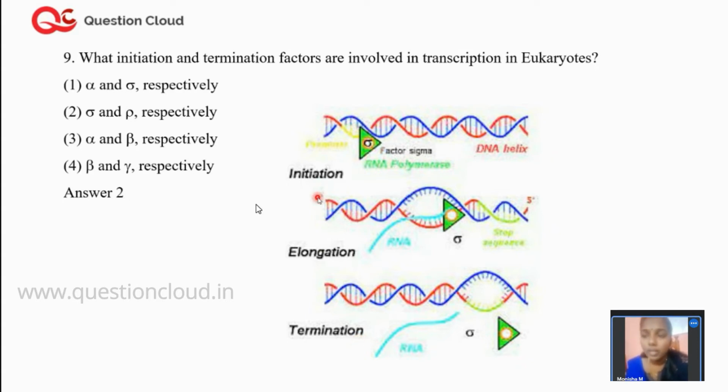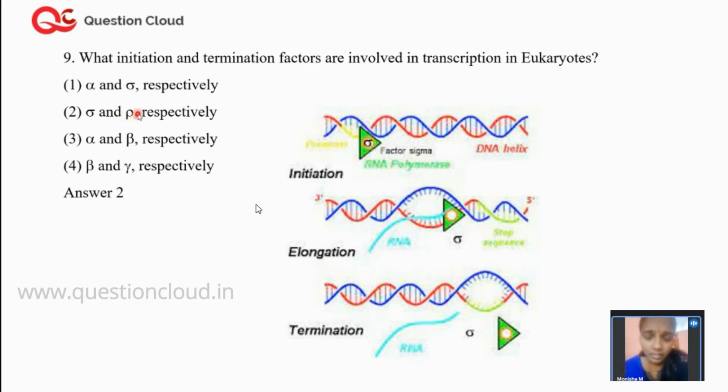Okay, so transcription is nothing but converting your DNA into RNA, and for this conversion to happen you have three steps, that is initiation, elongation and termination. In termination, the complete RNA molecule is synthesized, and for termination to happen you have a special factor which is called the rho factor. The P-like symbol is actually called rho.